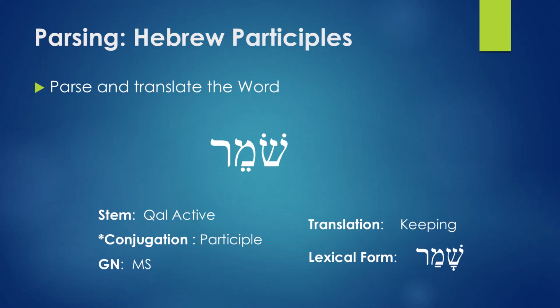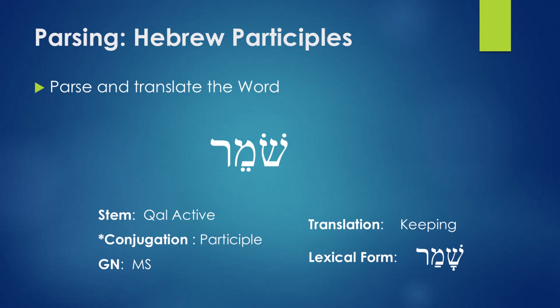Not only that, it's masculine singular. Now on the stem, you're going to indicate whether it's passive or active. So you're going to say Qal active. If it's passive, you're going to say Qal passive. So shomer is a Qal active participle.